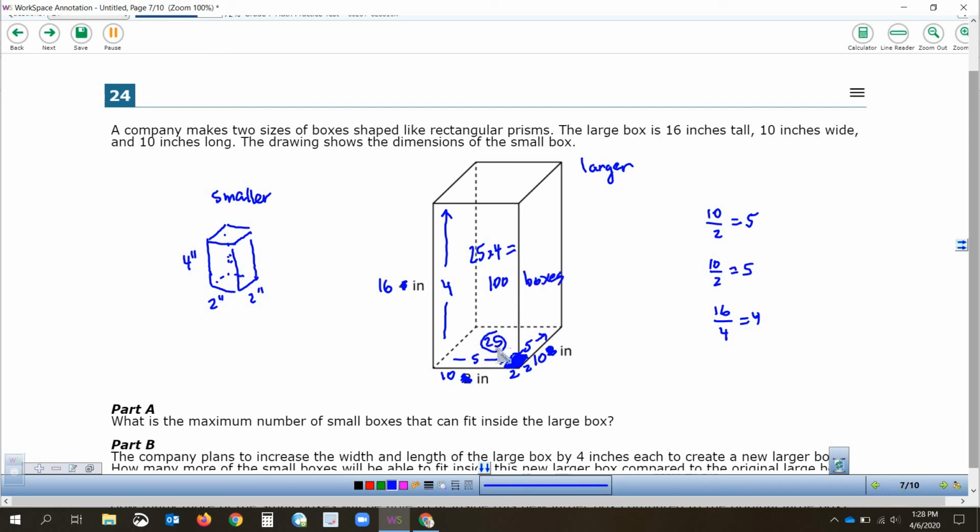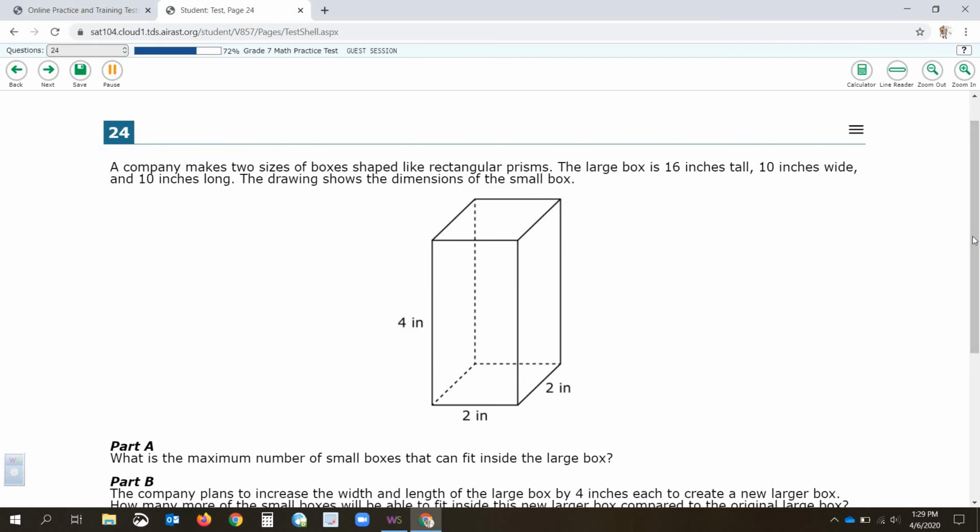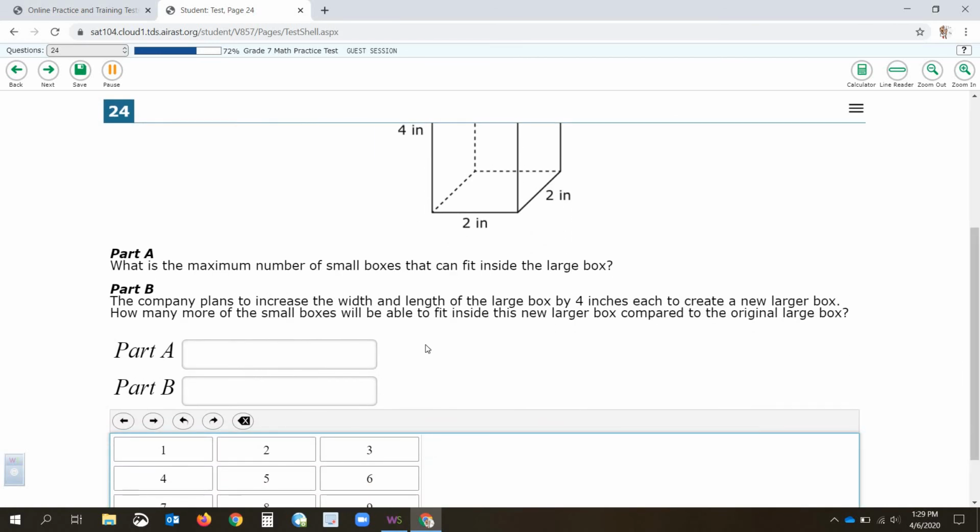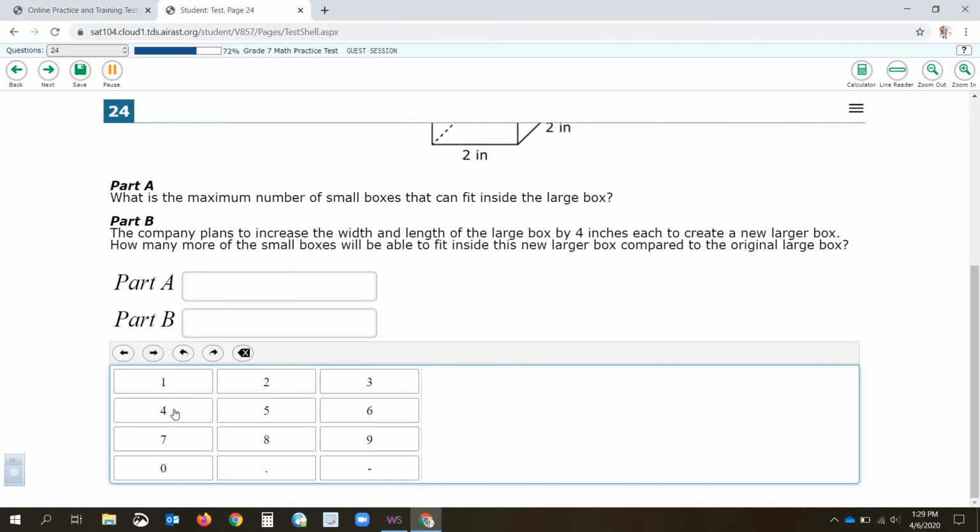So 25 to fill the bottom, and then we would have 4 stacks of those 25. This would be 25, this would be 25, that would be 25, and that would be 25. So the answer to part A would be 100. I'm going to go right here for part A, and type in 100.